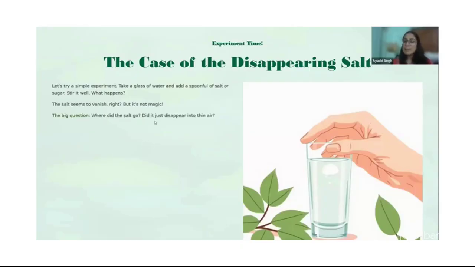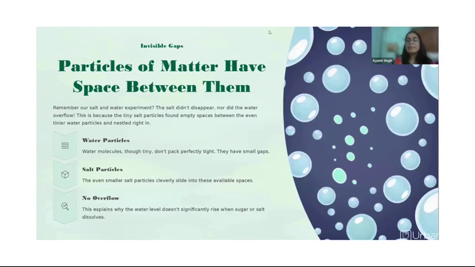So where did the salt go exactly? Salt is made up of very tiny particles, and the particles have space in between them. Imagine these are water particles, arranged like this. The salt gets dissolved in between those tiny spaces, because salt is very tiny, so it disappears in those spaces.